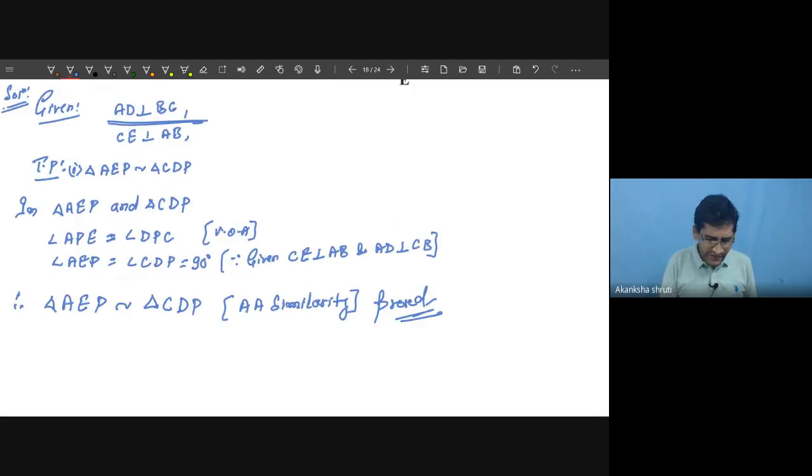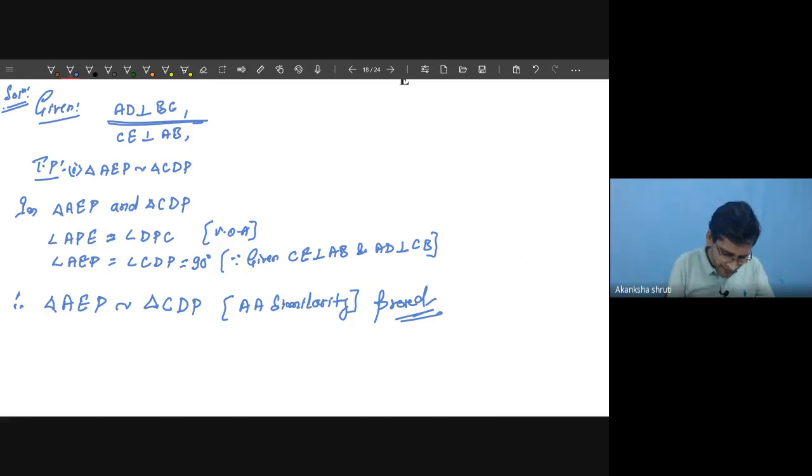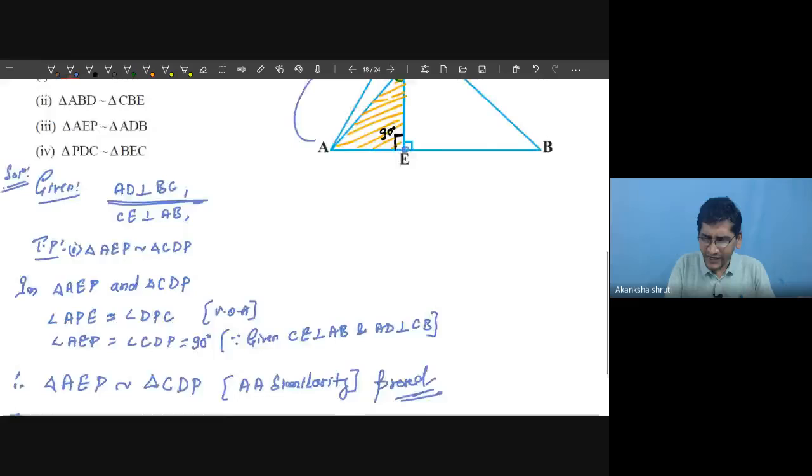So by this way, what we can write means if the two triangles are similar, this implies their sides are proportional. So those proportionality can be written. So how to write those proportionality? I had already told you.